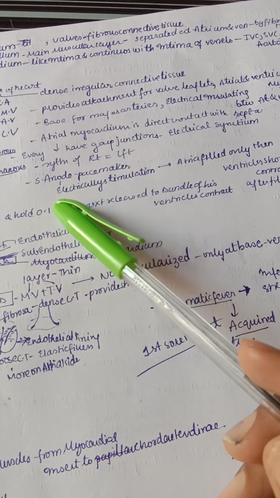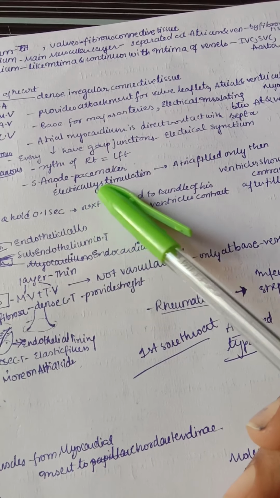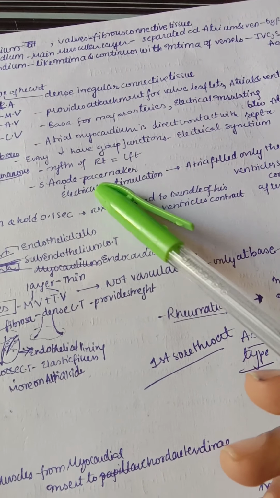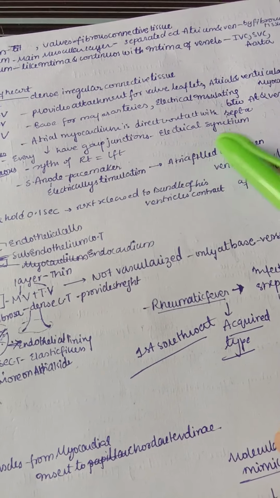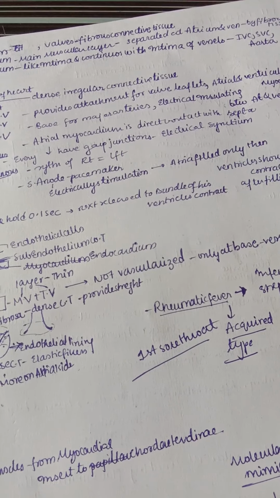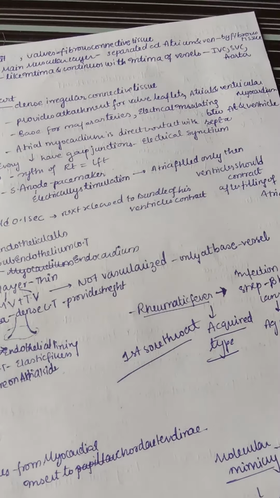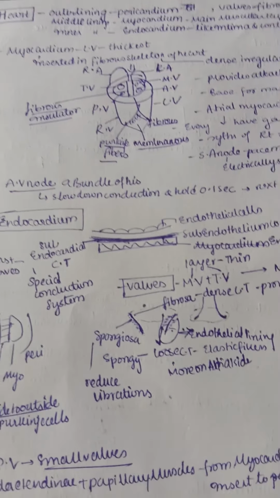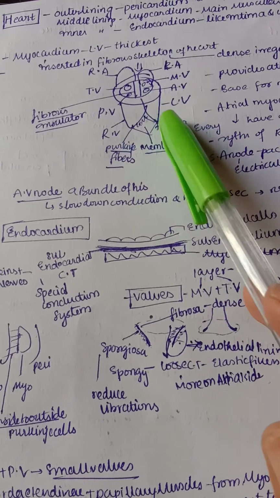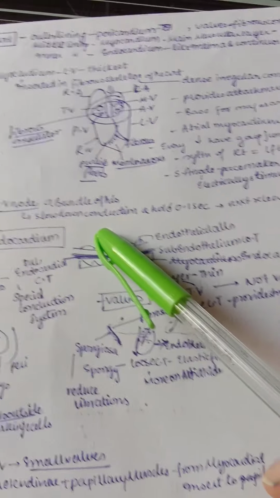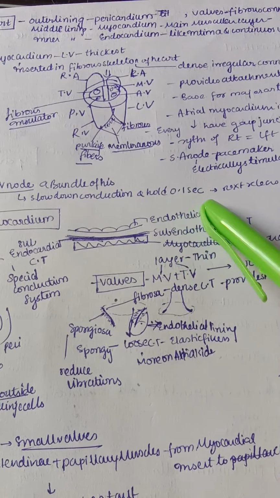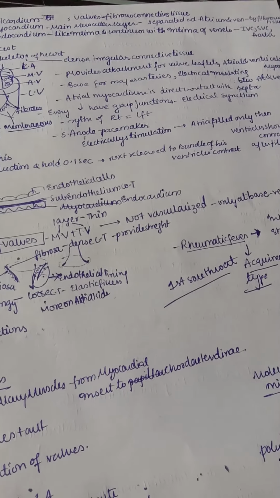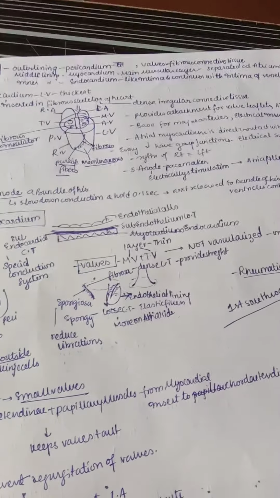Next, the SA node. The SA node is known as the pacemaker because it is electrically stimulated by itself automatically. It shows a property known as automaticity. The atria are filled first, and only then should the ventricles contract. The AV node continues with the bundle of His, and it slows down the conduction and holds the current for 0.1 second, and then it is released to the bundle of His, and the ventricles contract. Why does the AV node hold the current?